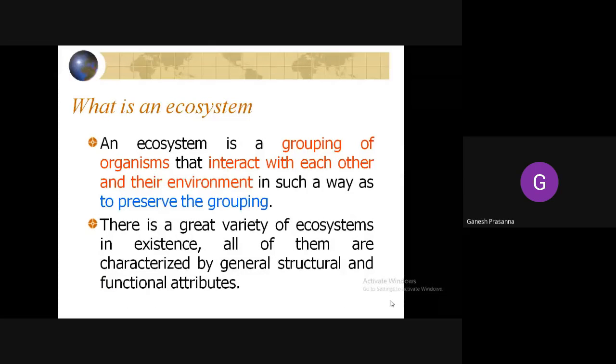So now what is ecosystem? See, ecosystem is a grouping of organisms that interact with each other and their environment in such a way as to preserve the grouping.